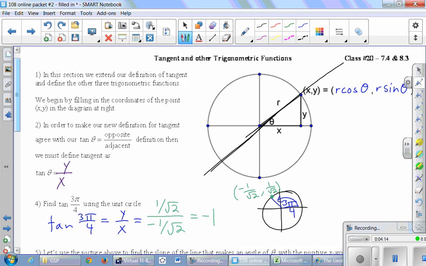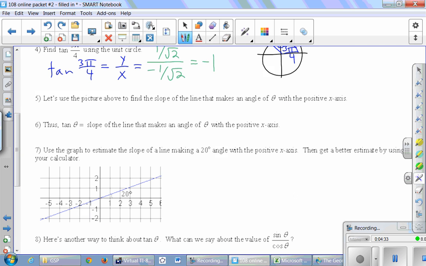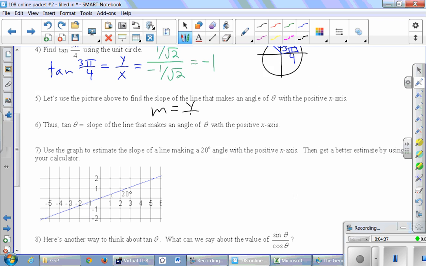So we know that the slope is the change in y over change in x, or rise over run. So the run is positive x, and the rise is positive y. So rise over run should be y over x. So the slope of that line up there is y over x.